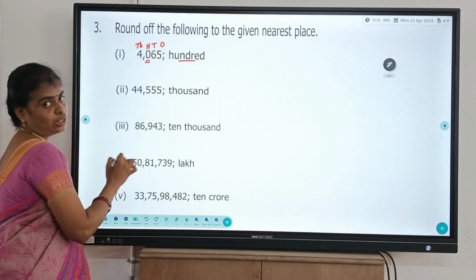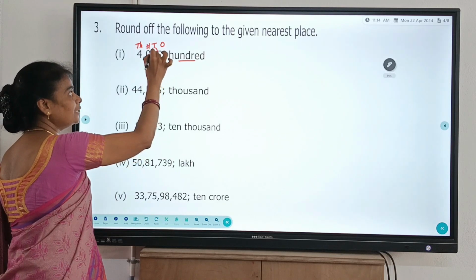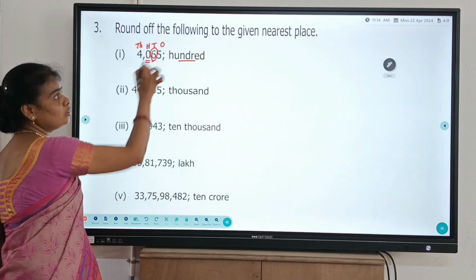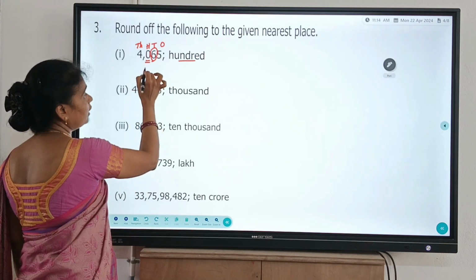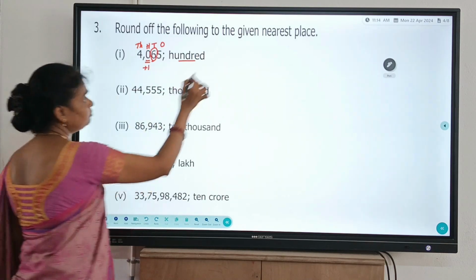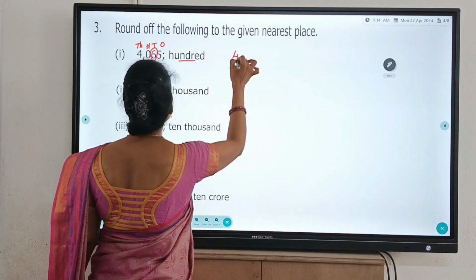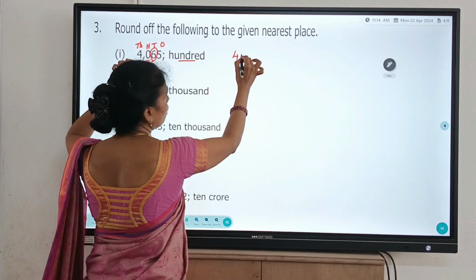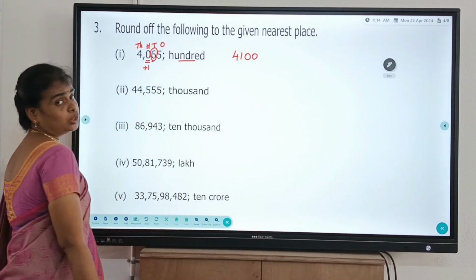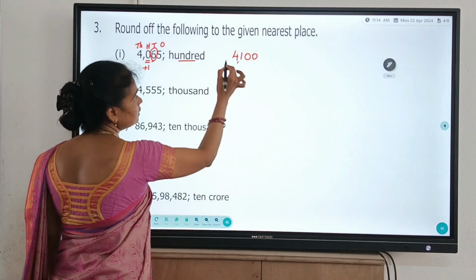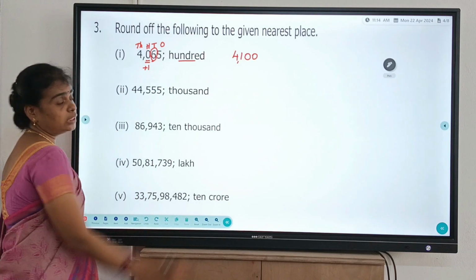You have 0. And the next step, you will check the next digit that follows the 0, that is greater than 5, and hence you will add plus 1 here. So the answer becomes 4, 0 plus 1 is 1, and instead of these 2 digits, you will write 2 zeros here, and the answer is equal to 4,100.